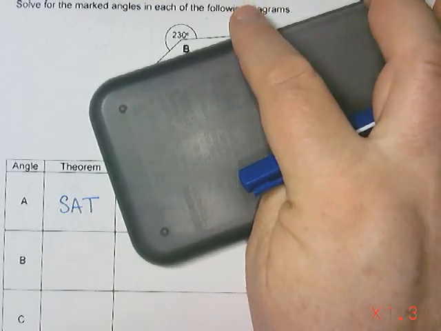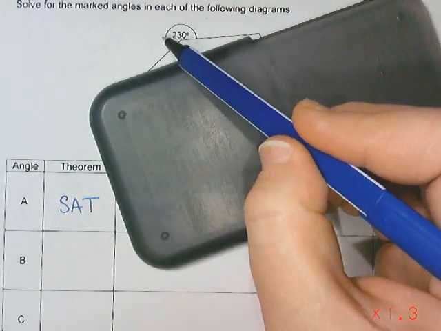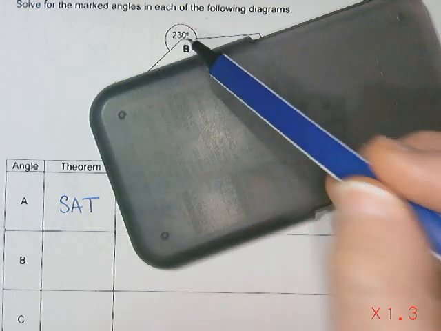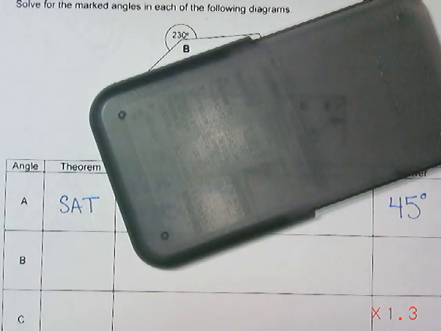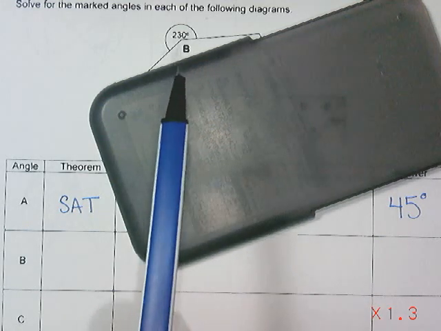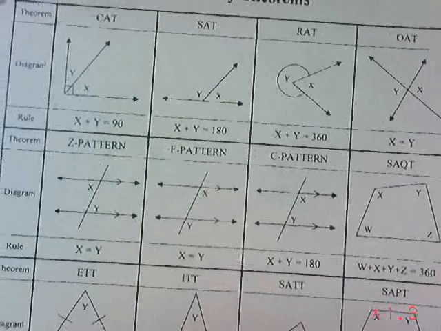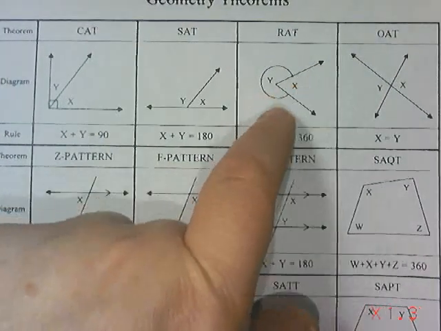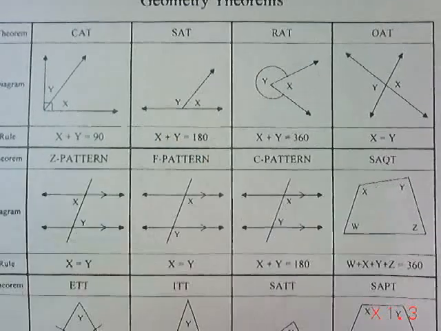So I see that angle B has another angle on the outside. It's a reflex angle because it's quite large, of 230 degrees. So I'm going to look to see if I see something that matches that on my theorem sheet. And I do notice this one has an angle and then the circular angle on the outside.